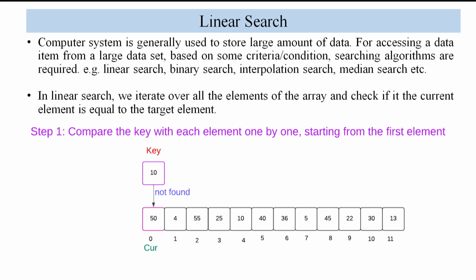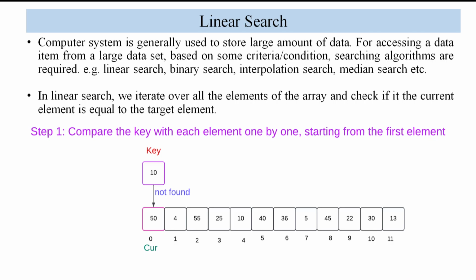As I told, in linear search we compare the element to be searched starting from the first location, and we proceed one by one till the last location until we get the desired element. In this example, we will compare the key 10 with the first key stored in the array, and the first key is 50.